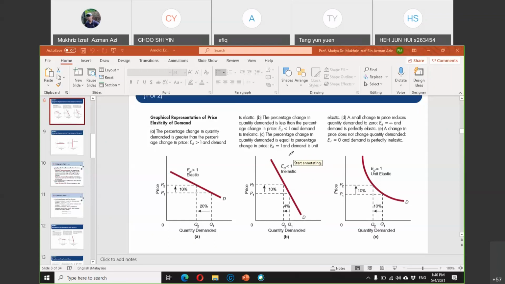Whether the price is cheap or the price increases, the amount that you will buy will not really change a lot. Even an item like cigarettes, for smokers: even though the price increases, if you are a heavy smoker, you might still want to consume the same quantity, or maybe only reduce a bit, although the price increases a lot.